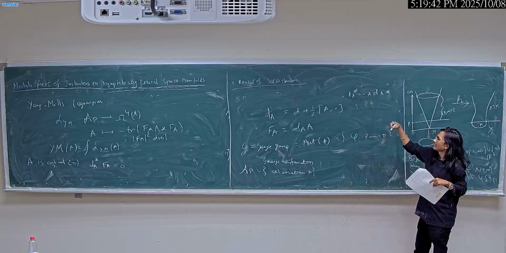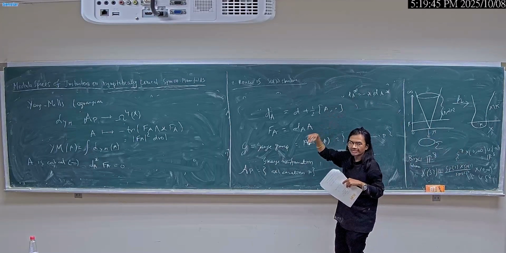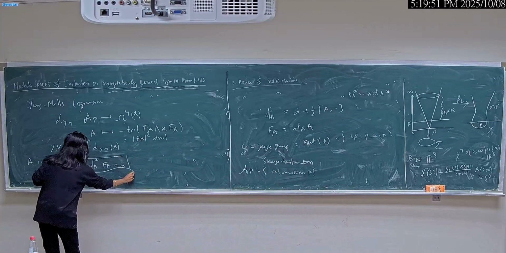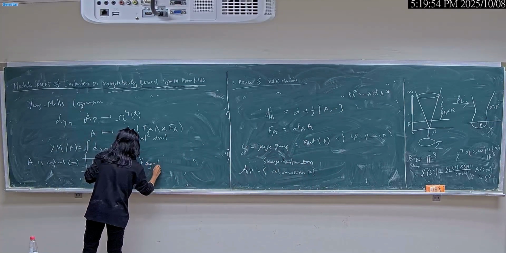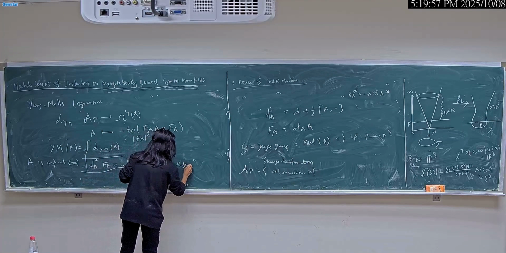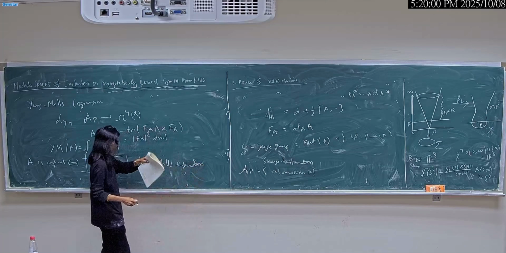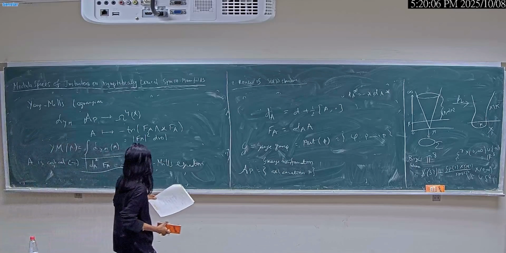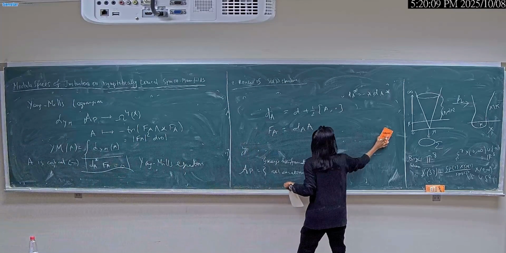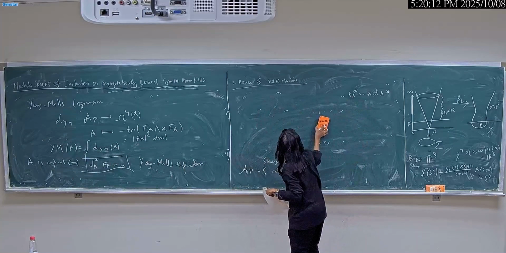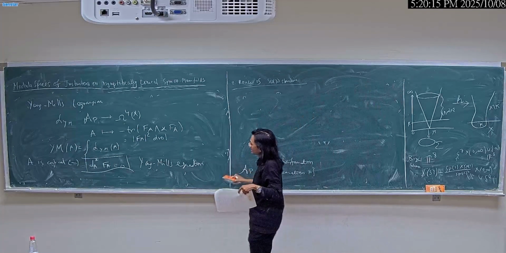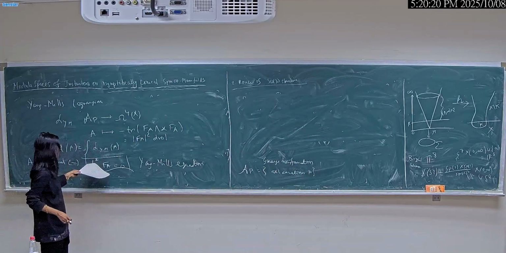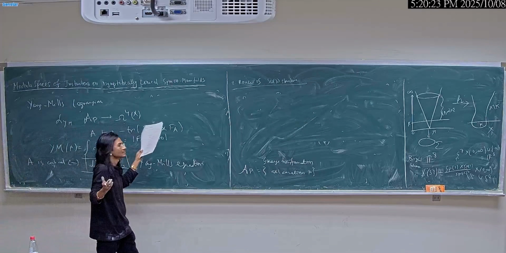So d_A increases your form degree by 1, d_A star decreases your form degree by 1, which you can clearly see from that. Now this equation is called the Yang-Mills equation, where any connection A on your bundle whose curvature satisfies this equation is a critical point of this Yang-Mills functional.